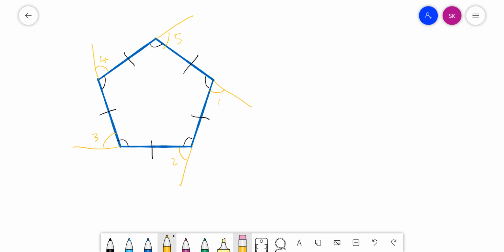To find what one exterior angle is, we're going to do 360 divided by 5, because there's 5 of them, and they add up to make 360 in total. 360 divided by 5, 72 degrees. If you didn't know that in your head, then you could have done bus stop to figure it out. I did 350 divided by 5, which was 70, and then 10 divided by 5, which was 2, to make 72.